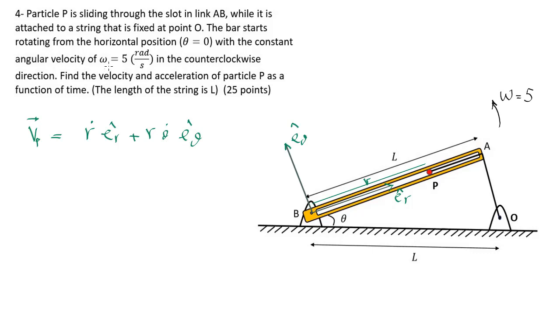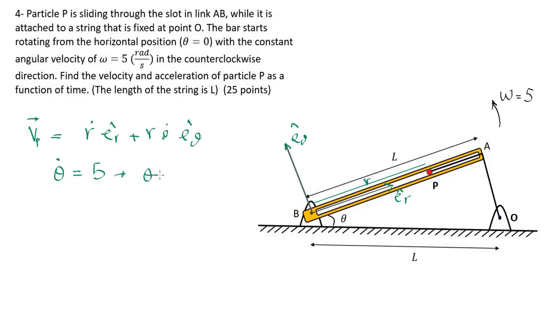We have theta dot, because theta dot is just 5 radian per second. So before writing down r, let's just write down theta dot. Theta dot is equal to 5, and also we can find theta because we are given the initial condition: at t equal to 0, theta is equal to 0.